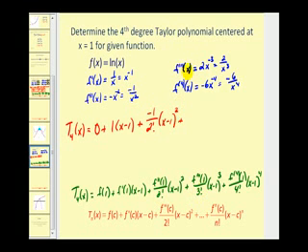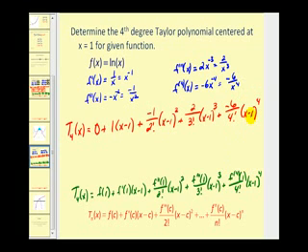Well, f triple prime of 1 would be 2 divided by 1 cubed. That would be 2 divided by 3 factorial times x minus 1 to the third, plus the fourth derivative evaluated at x equals 1, and that would be negative 6 divided by 4 factorial times x minus 1 to the fourth power.